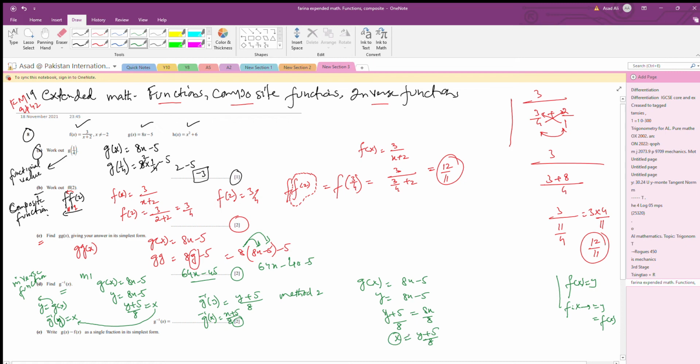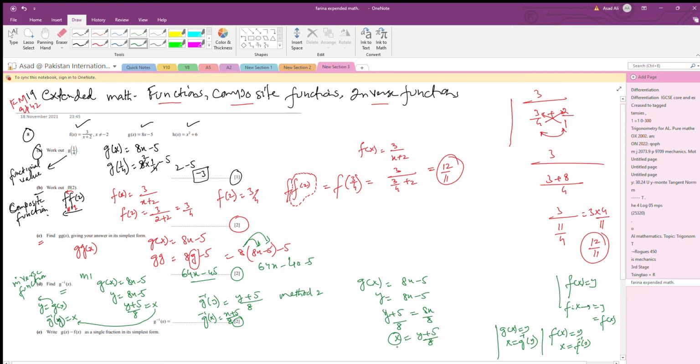Now we know that x is equal to, see, if f of x is given to you as y, then x is always f inverse y. If g of x is given to you as y, then x is always equal to g inverse y. The same way we can do with every function, f of x or g of x or h of x and so on.